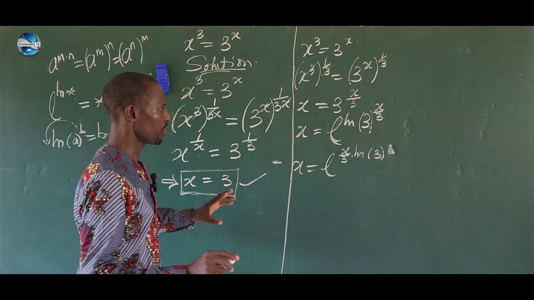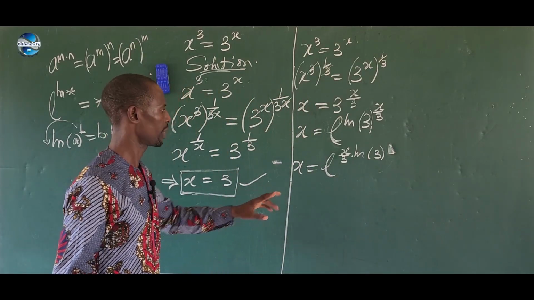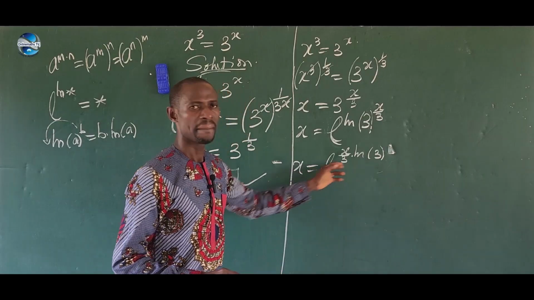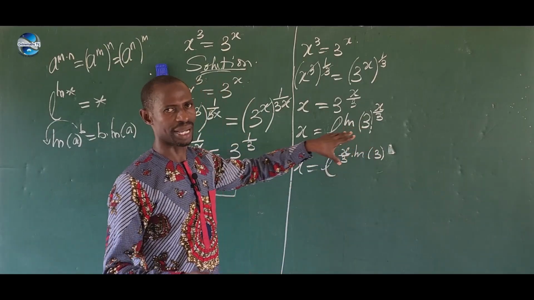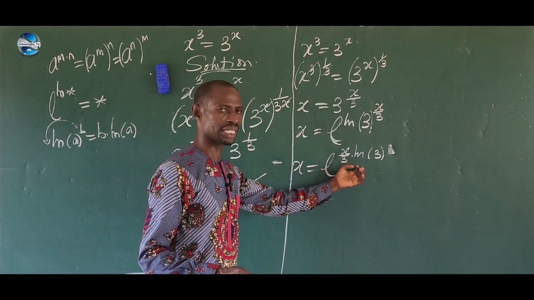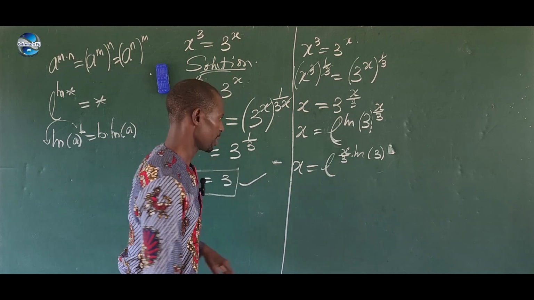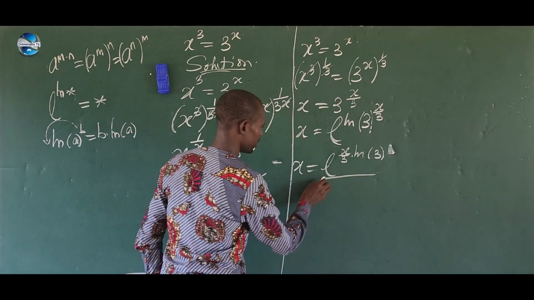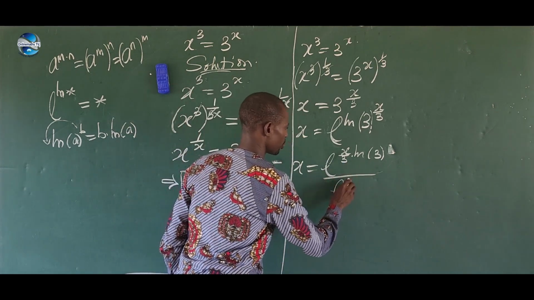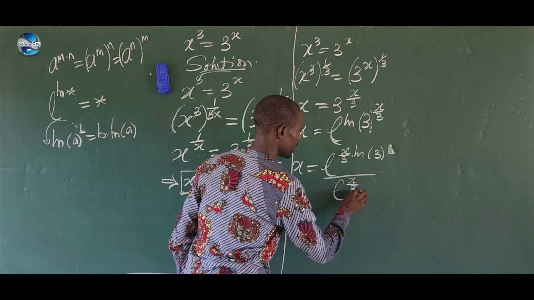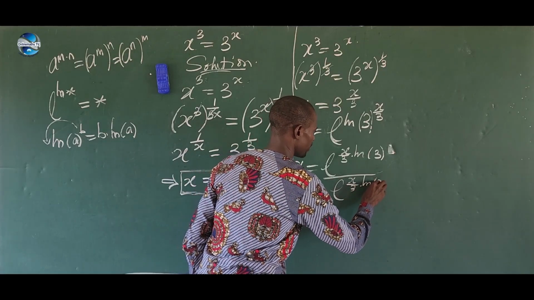Good. With this, I want to divide both sides by the quantity on the right hand side. I want to make this side to be unity. So from here I'm going to divide by e raised to x all over 3 times the ln of 3.